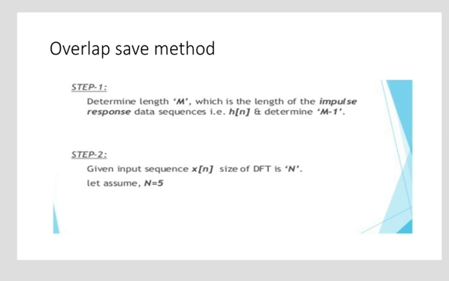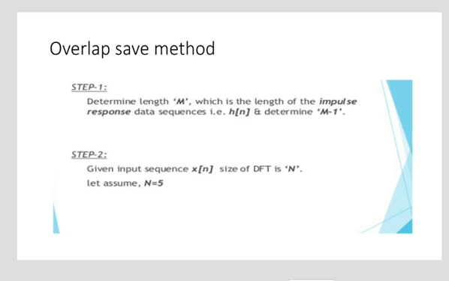An N-point DFT is computed for each data block. The impulse response of the FIR filter is increased in length by appending L minus 1 zeros, and an N-point DFT of the sequence is computed once and stored. The multiplication of N-point DFTs for the mth block of the data is Ym of k equal to H of k into Xm of k.